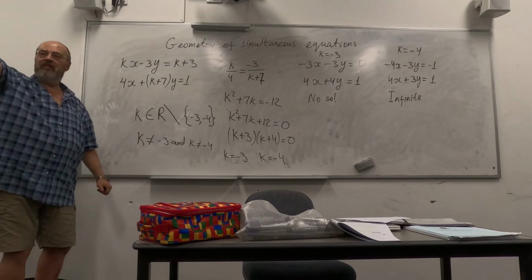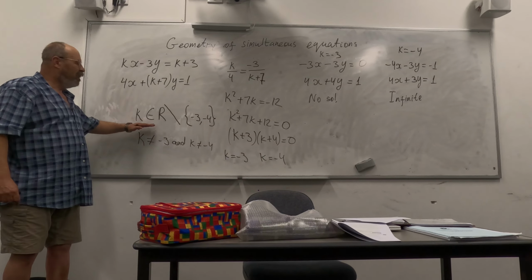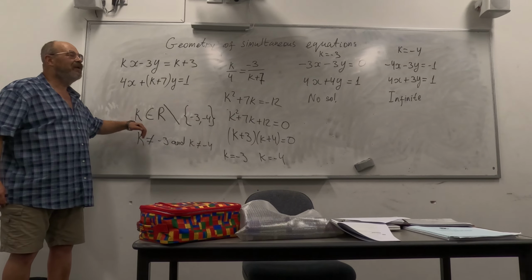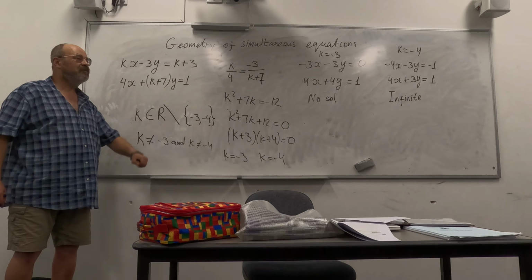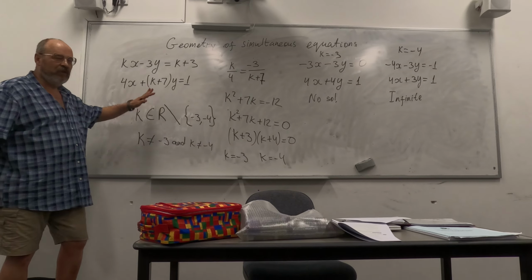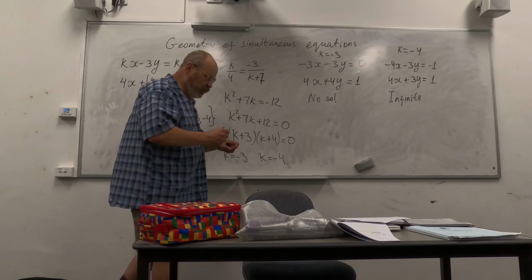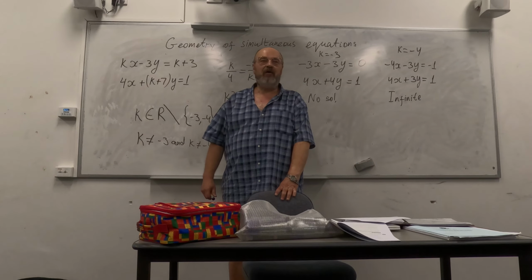We will learn the fancy notation for this in the next area of study. Anytime k is a real number except negative 3 or negative 4, it's a unique solution.